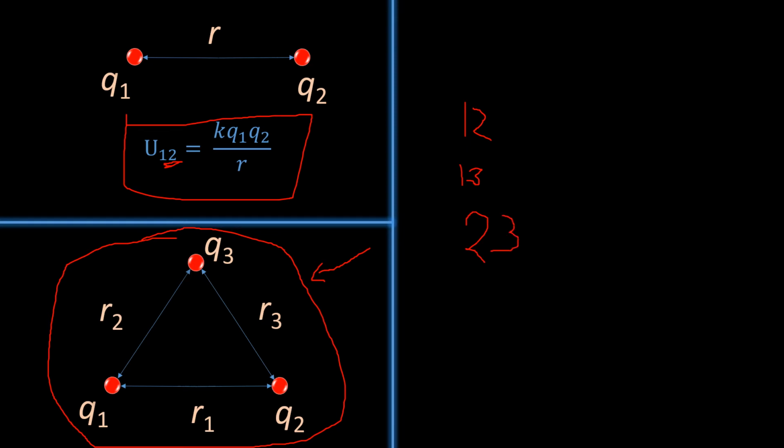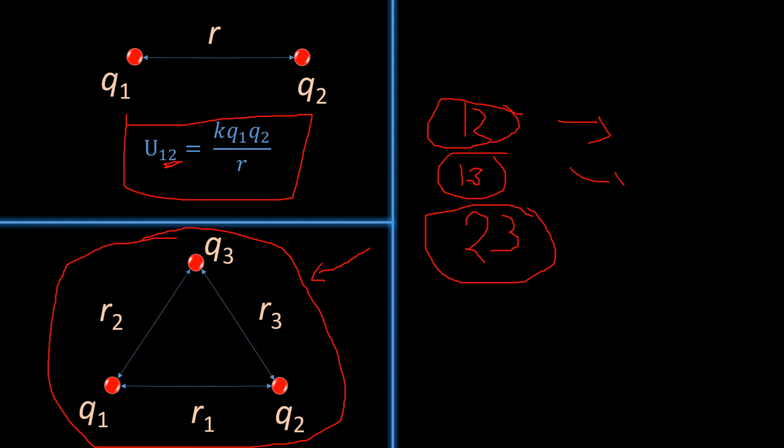So I have to find out the potential energy of q1 q2, the potential energy due to 1 and 3, and the potential energy due to the second and third charge. Once I have the potential energy corresponding to these three pairs, if I sum up the three, then I'll have the total potential energy. So with that logic, let us try to find the potential energy of the system.